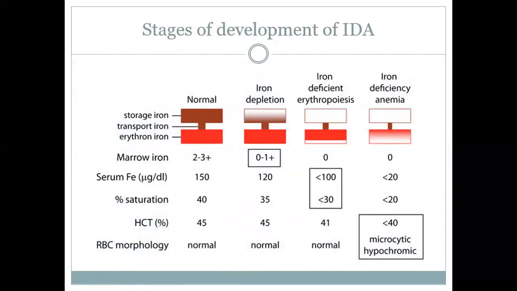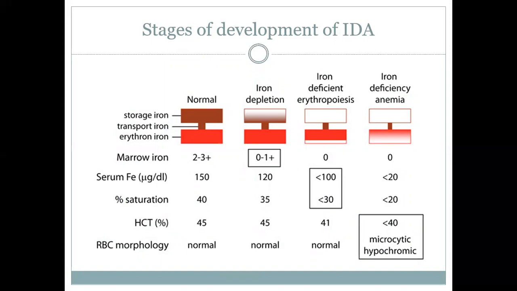Iron deficiency anemia occurs slowly. First of all, there will be depletion of iron stores, and after that, the iron deficiency will cause iron deficient erythropoiesis, and then in the last stage, the hemoglobin will drop and the anemia will appear.